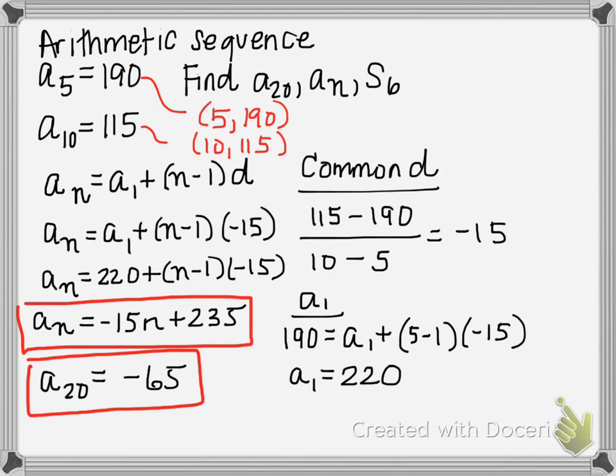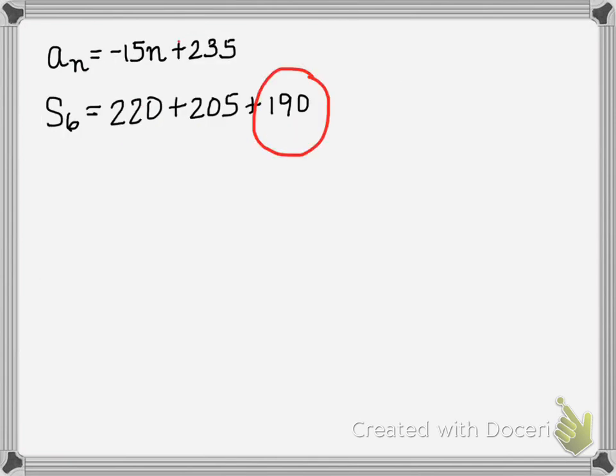So now, where do I look? I'm looking back here and going, well, all right, so what could be wrong? My negative 15, my common difference? I'm getting that right, but I'm not ending up at the 3rd term, so I'm thinking it's the 220. I think I made an error there.